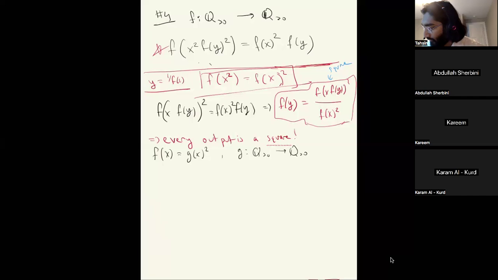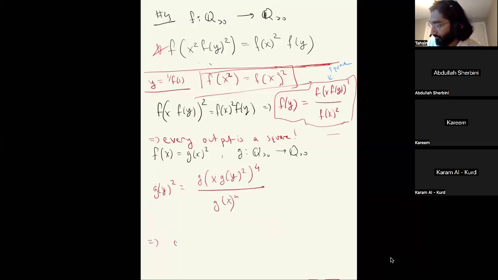So now, what do we know about g? For example, if we just take the red equation, we can rewrite it as g of y squared is equal to g of x, g of y squared, now to the power 4, over g of x to the power 4, which simplifies to g of y is equal to g of x, g of y squared over g of y squared.